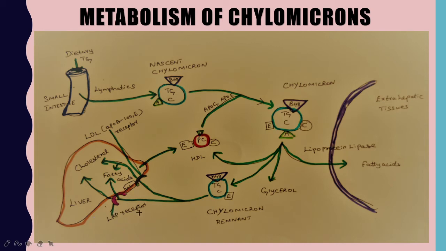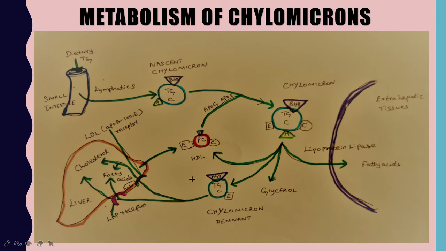Through this LRP receptor, it will enter into the liver cell, or through the LDL receptor, which mediates endocytosis. So either through the LRP receptor or through LDL receptor mediated endocytosis, these chylomicron remnants will enter into the liver cell for further metabolism.